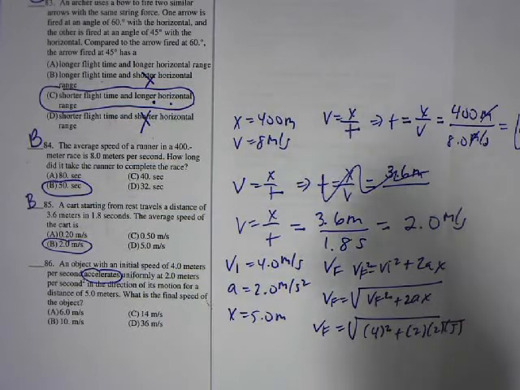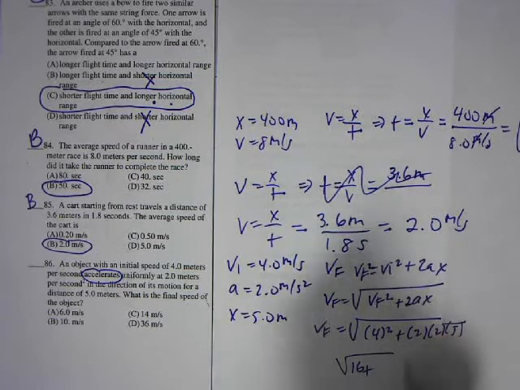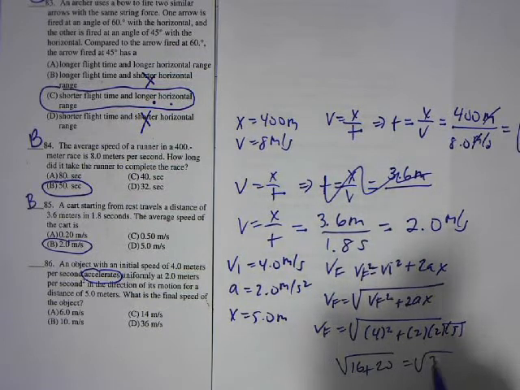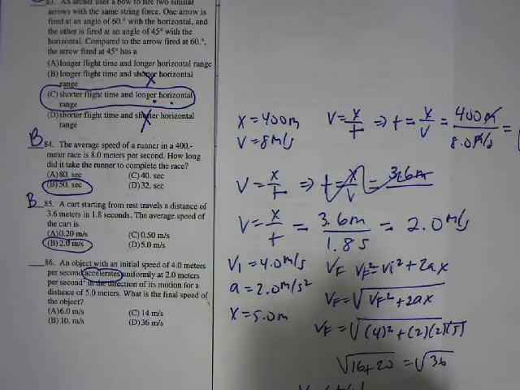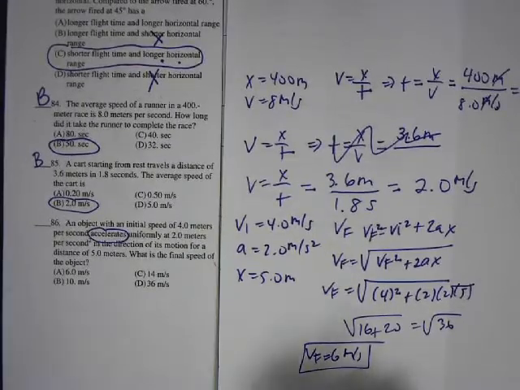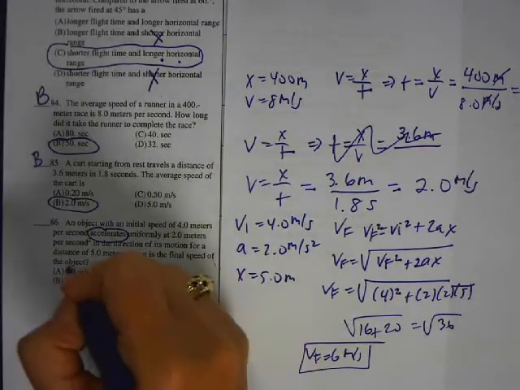And you know, I can do this in my head. 4 squared is 16. 5 times 2 is 10, times 2 is 20. The square root of 36, I can do that in my head too, so VF comes out to be 6. Now you could still do it on your calculator, but the point is most of these numbers are so easy that you can do them in your head and you should just check it mentally. You know, visualize and say, did I remember to press that square root button at the end? So this comes out to be 6, choice A.